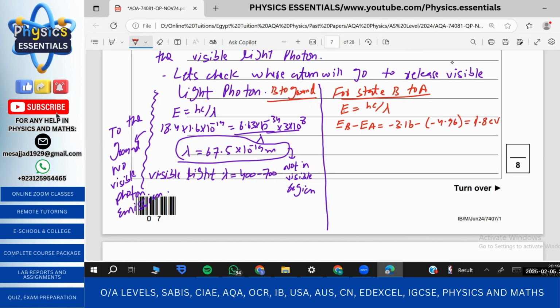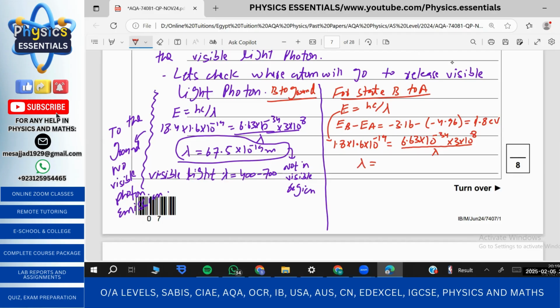EV. So we will just write here 1.8, and then we are going to convert it into joules: 1.6 into 10 to the power minus 19 equals 6.63 into 10 to the power minus 34, and then the speed of light, which is 3 into 10 to the power 8, divided by wavelength.